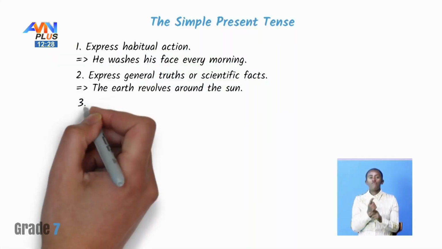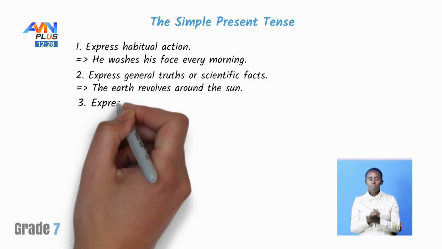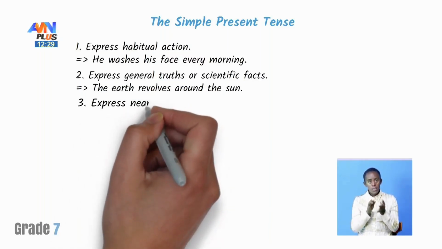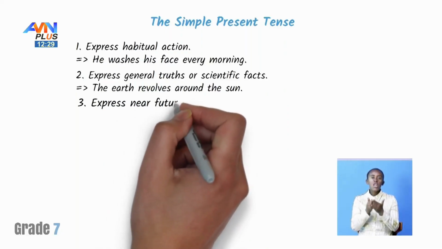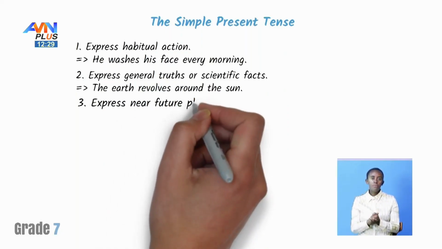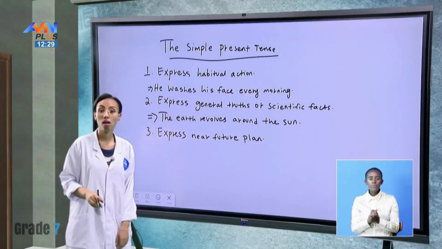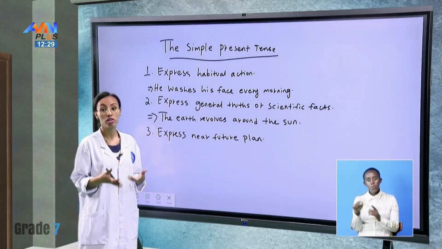Another one that we said is we use the present tense to express future, or in this case, near future plans. Things that we have planned, preordained, or near future plans.